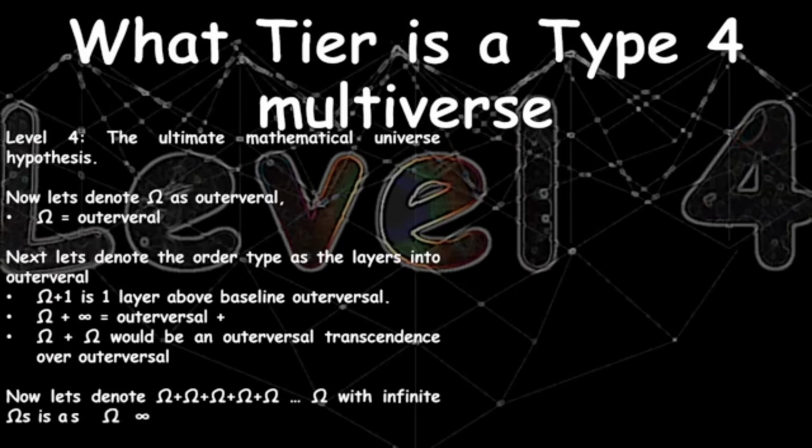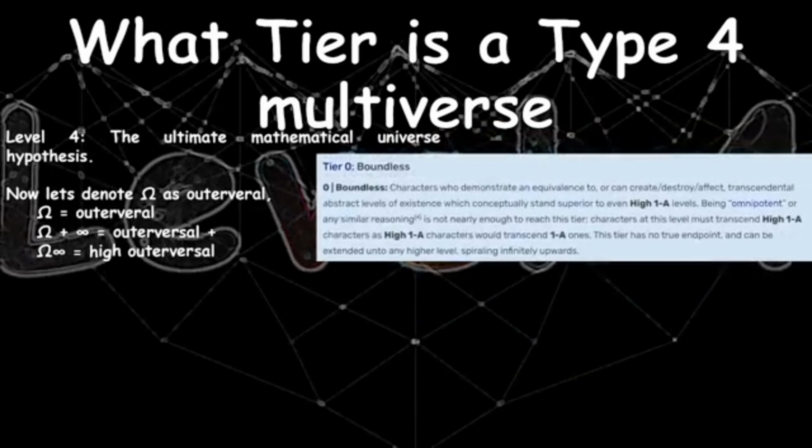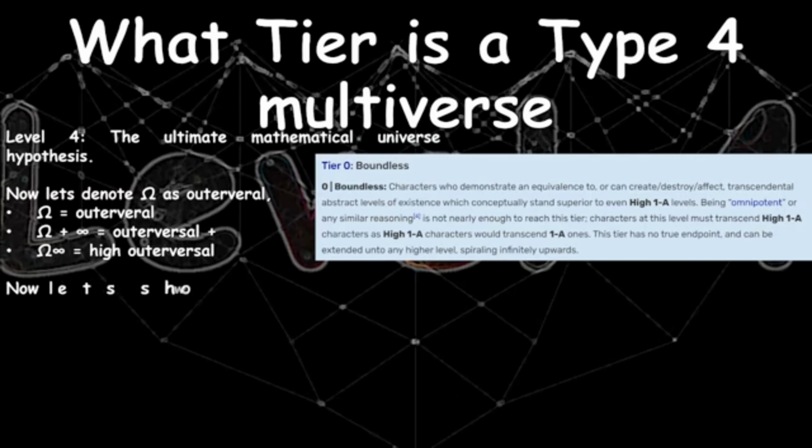Now, let's denote capital Omega plus capital Omega plus capital Omega an infinite number of times as omega times infinity. Omega times infinity would be high alderversal on Versus Battle Wiki. Now, let's show that even boundless can be contained using this alone.